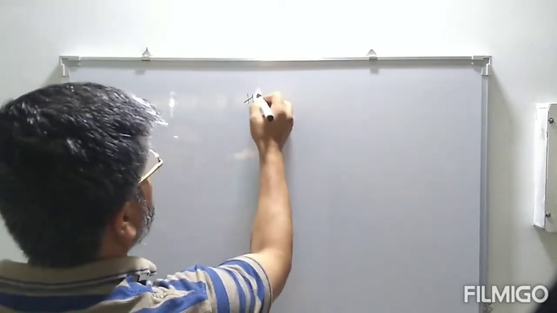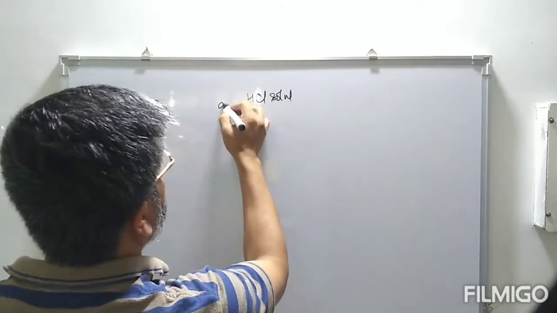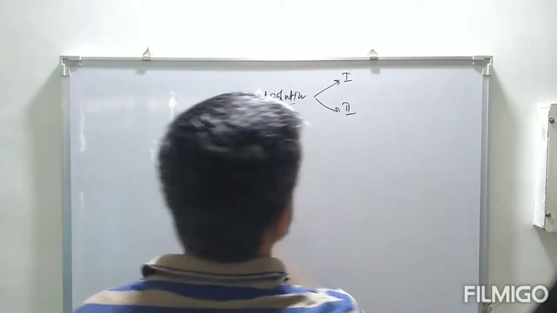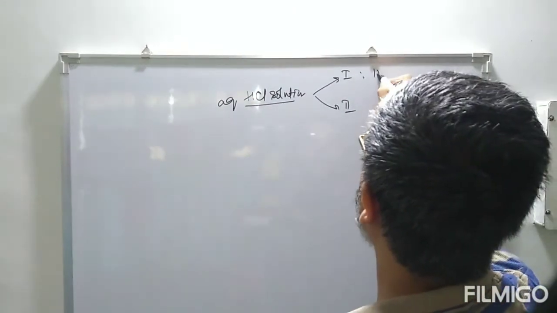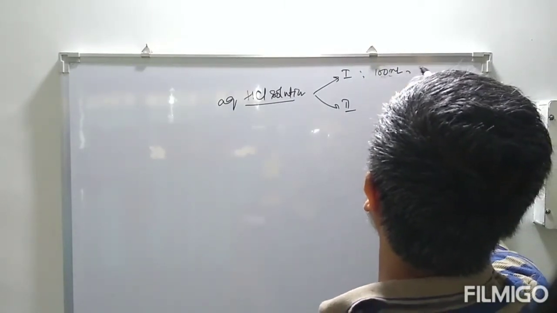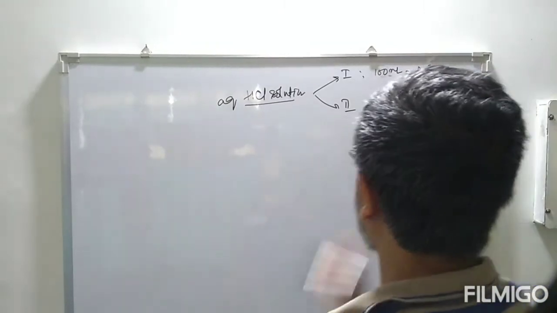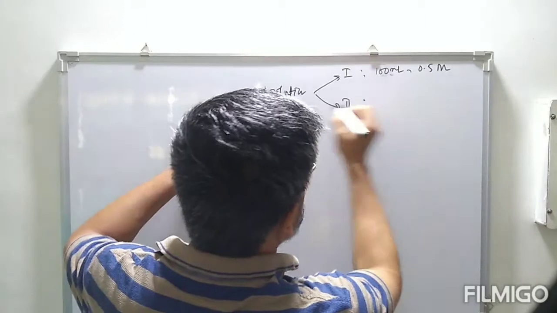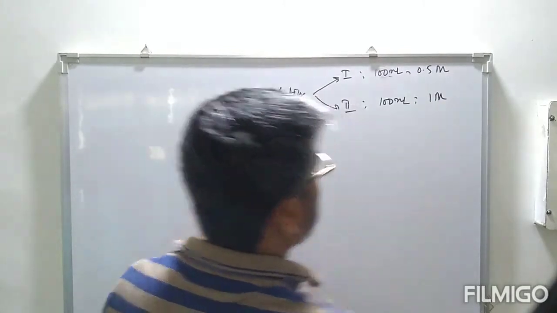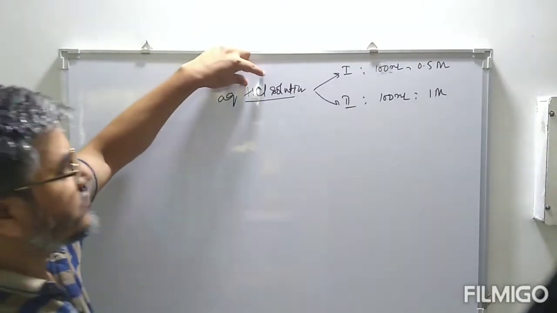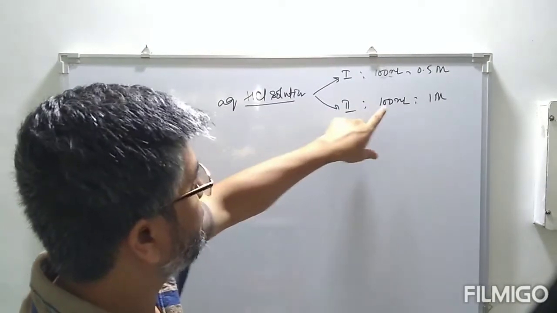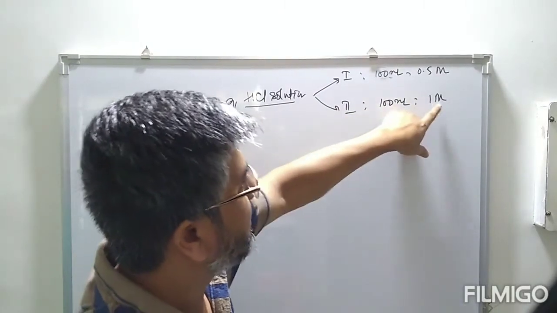So we have a sample of HCl solution. Aqueous HCl solution. Solution 1, solution 2. Solution 1 is 100 ml, 0.5 molar. Solution 2 is 100 ml, 1 molar. So we have two different solutions of HCl. Solution 1 100 ml volume 0.5 molar. Solution 2 100 ml and 1 molar.